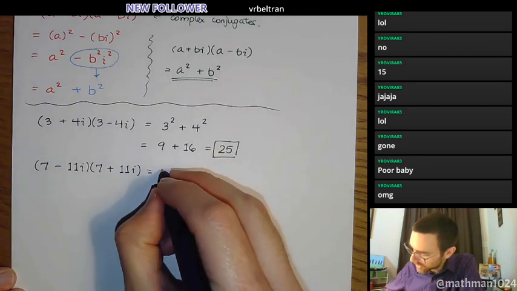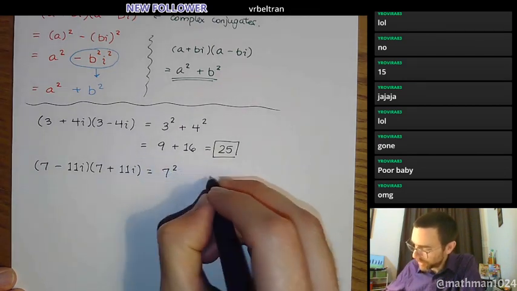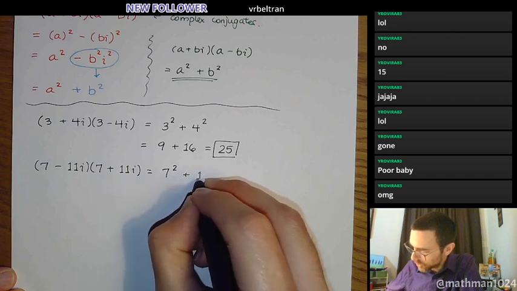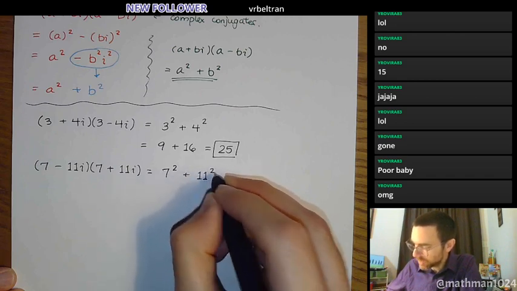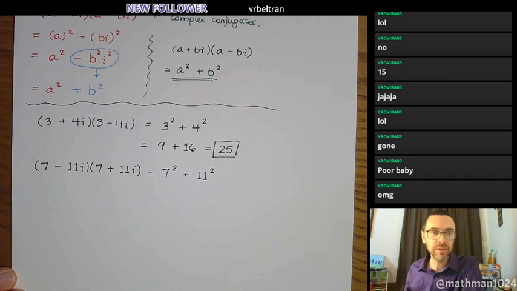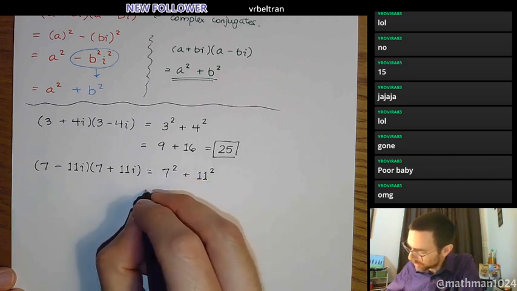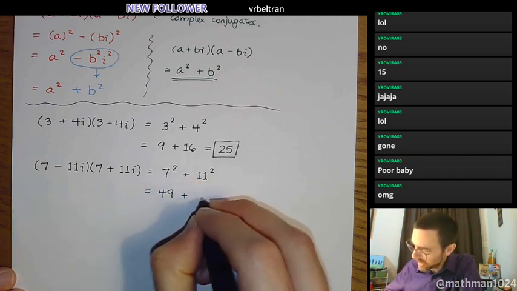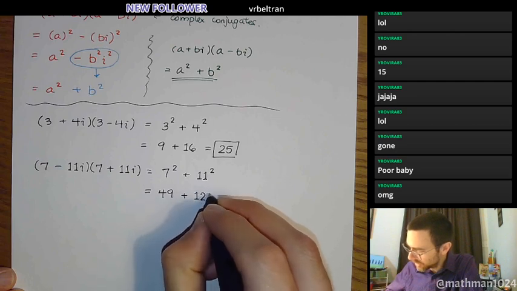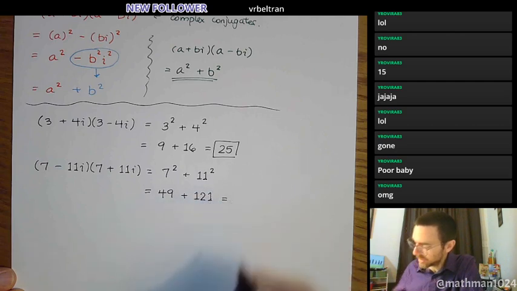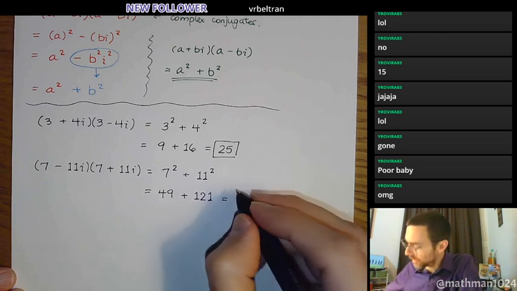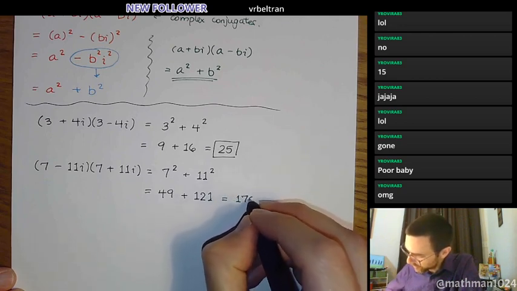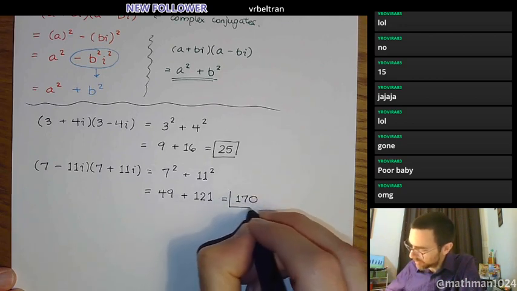The shortcut says square the real part, square the imaginary part, the coefficient for the imaginary term there, and add those together. That's all we have to do. Do not make it more complicated. So 7 squared is 49, and 11 squared is 121. So 49 and 121 is 170.